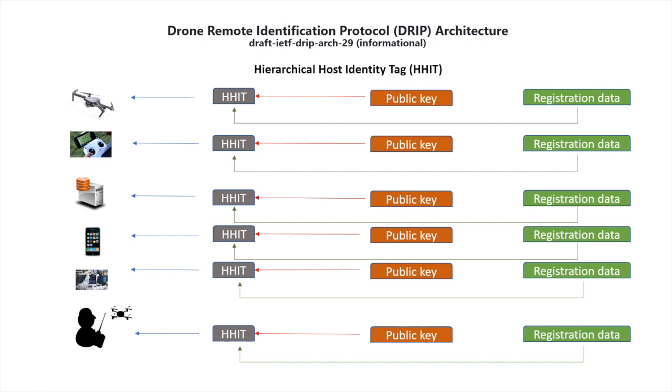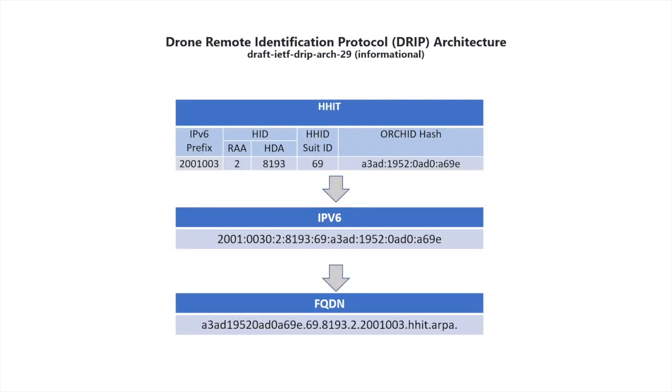It also allows using DNS for lookup and reverse lookup of information related to unmanned aircraft and other entities which are identified by a hierarchical HIT. You can also think about a hierarchical HIT as an IP version 6 address because its length is 128 bits. The address space of hierarchical HITs will be excluded from routing IP version 6 addresses.